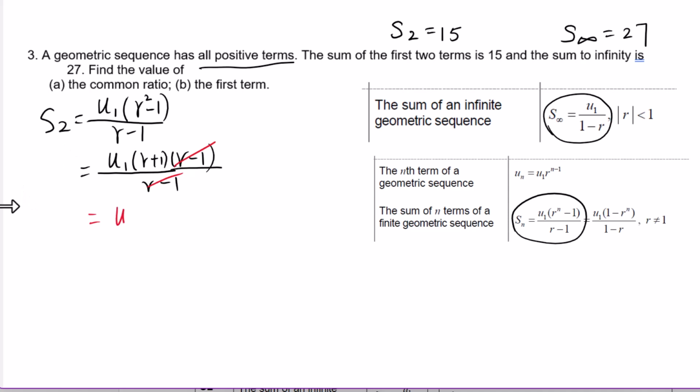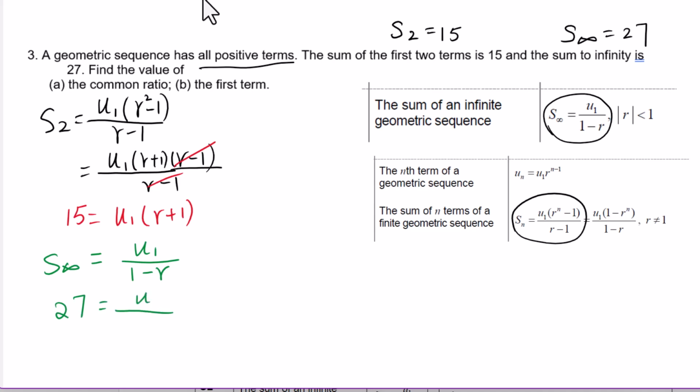We got u sub 1 times (r plus 1) equals S sub 2, which is 15. The sum to infinity equals u sub 1 over 1 minus r. S sub infinity equals 27 equals u sub 1 over 1 minus r. We will solve the system of these two equations.